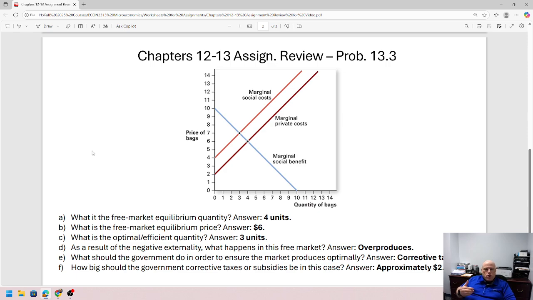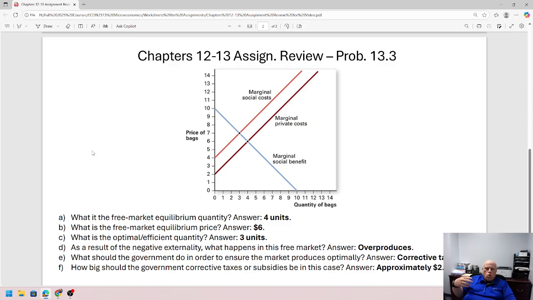All right, and then part D asks us, as a result of the negative externality that's shown in this graph, what happens in this free market? Well, as we've discussed in chapter 13, when there is a negative externality produced through production in a particular market, it's going to lead to overproduction of that good.